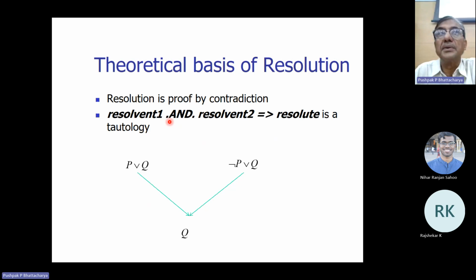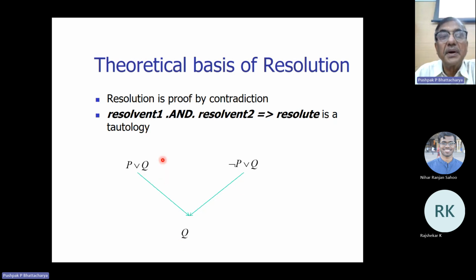You can take this whole formula, draw the truth table, and if resolvent 1 and resolvent 2 indeed implies the resolvent, then this truth table will come out to be true in all the rows in the final column. So it will be a tautology. So you see, P or Q and not P or Q give rise to Q as a resolvent. Indeed, (P or Q) and (not P or Q) implies Q is a tautology.